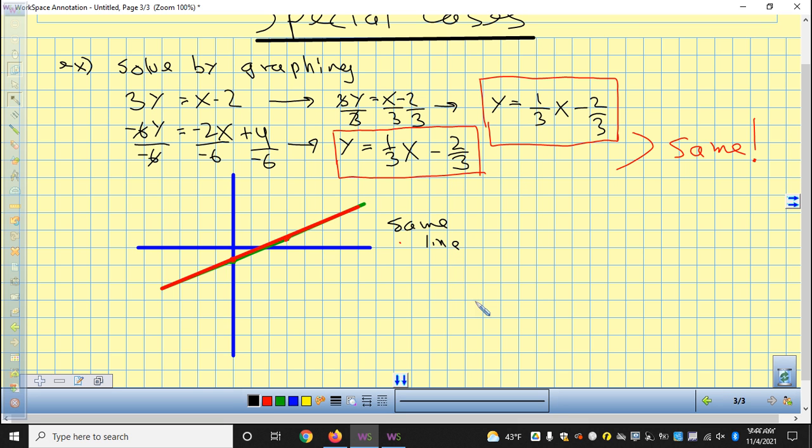Well, in how many points do these two lines intersect? All the points. So when we get the same line, when we have a graph of two lines that are right on top of each other, literally the same line, we get an infinite number of solutions.